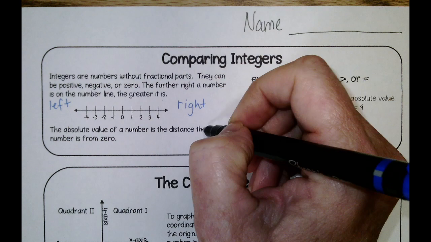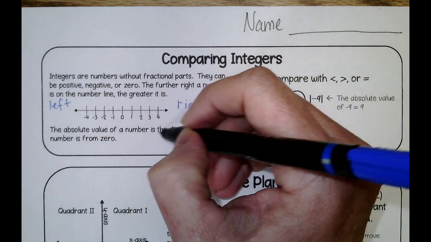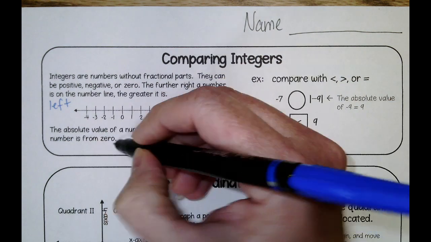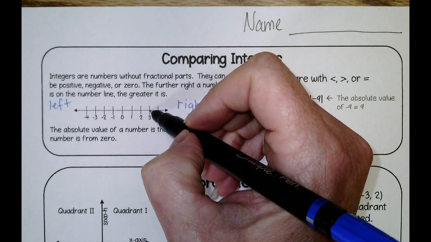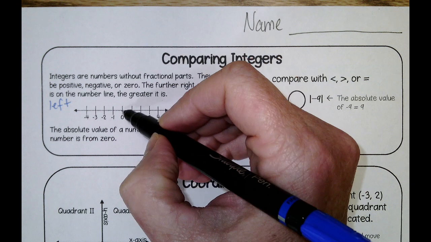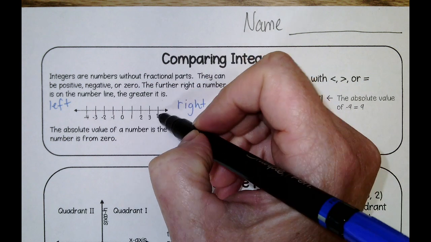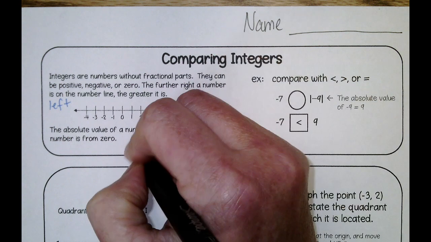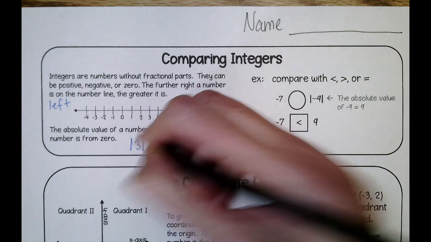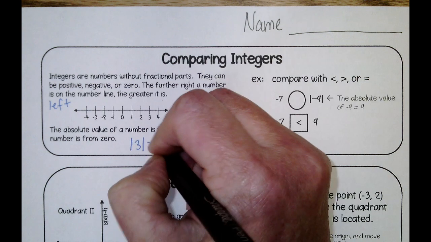Now down here it says the absolute value of a number is the distance the number is from 0. So for example, 3 is 3 units from 0, so the absolute value of 3 is 3. I'll write that like |3|. That's the symbol for it. The absolute value is 3.